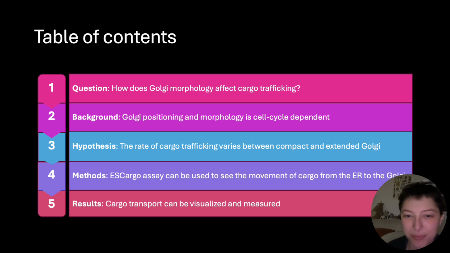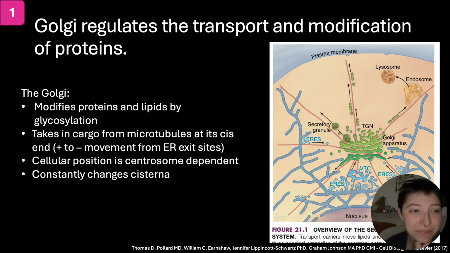Okay, so before I can ask a question, we have to know what a Golgi and cargo are. The Golgi regulates the transport and modification of proteins and lipids, usually by glycosylation.